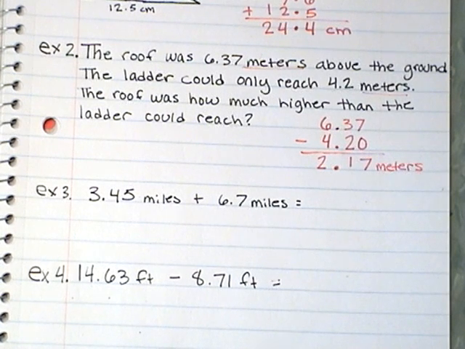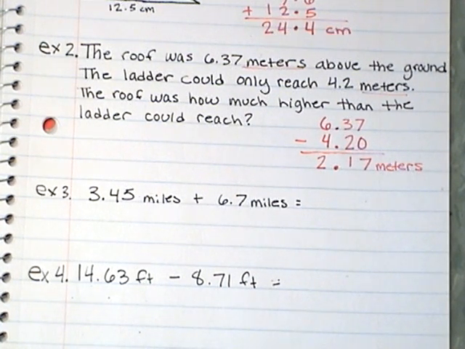3 45/100ths of a mile plus 6 7/10ths of a mile equals what? So go ahead like we did before. Remember, the main point is to line up your decimal point. Alright, here we go.